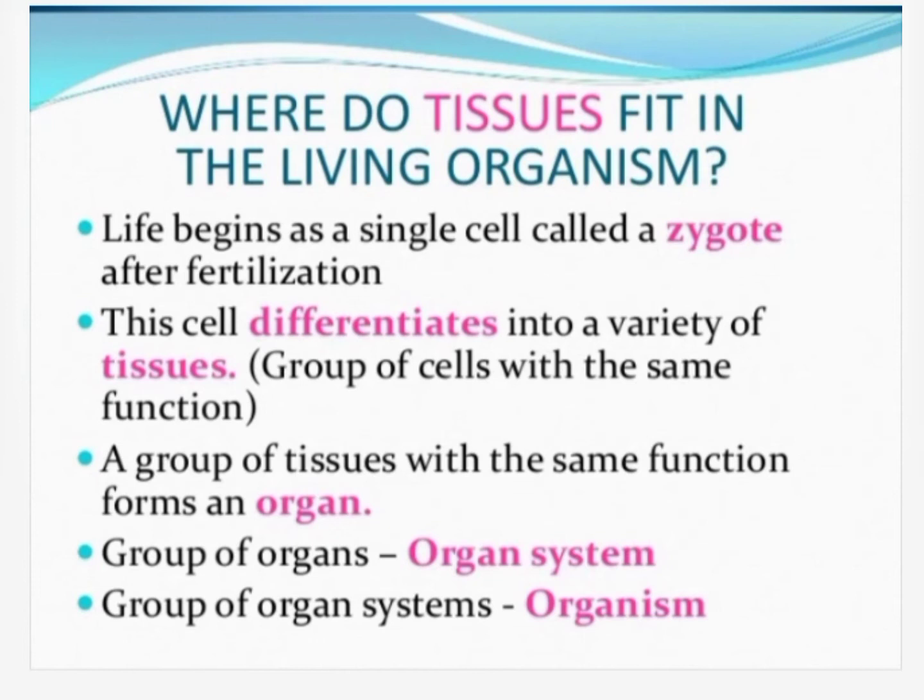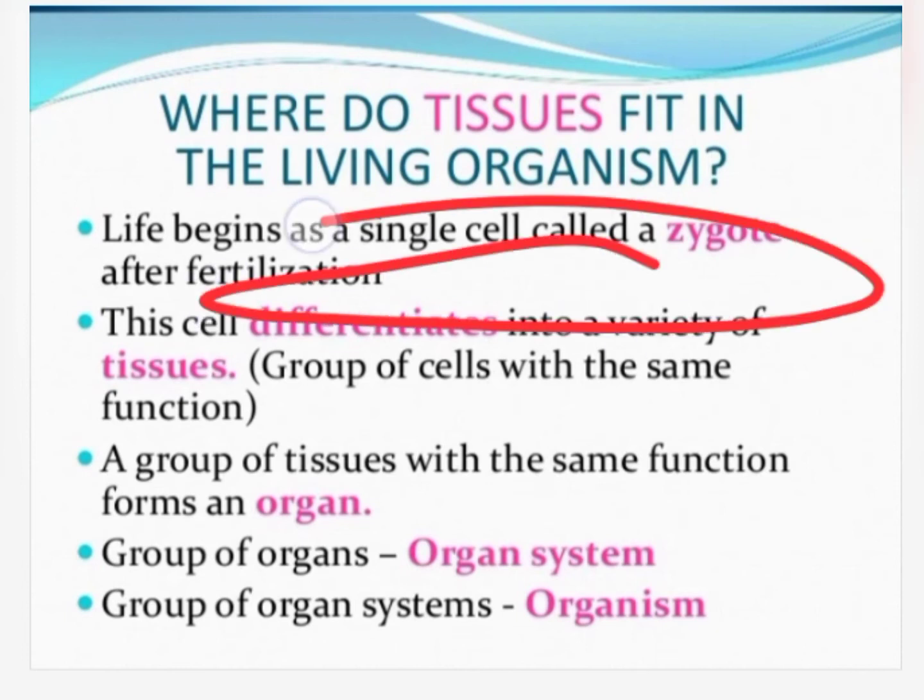Life begins as a single cell called a zygote after fertilization. We all, humans, animals, everything, our life begins as one single zygote, which keeps on dividing, leading to the formation of a multicellular organism. This zygote differentiates into a variety of tissues, groups of cells with similar functions.